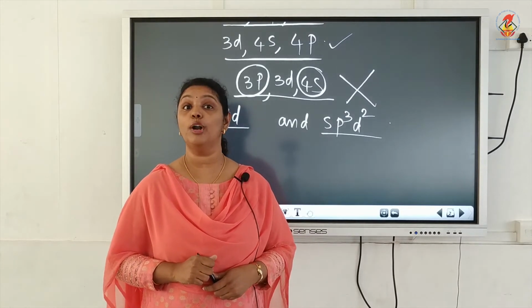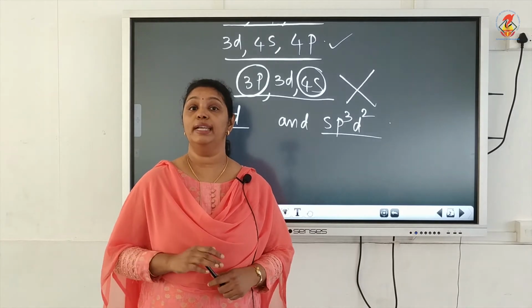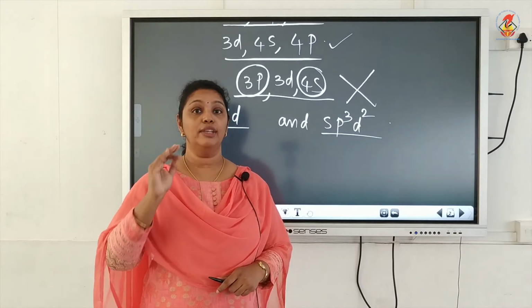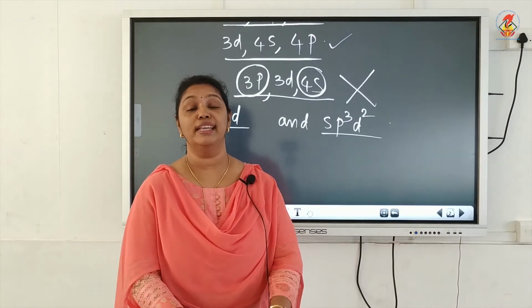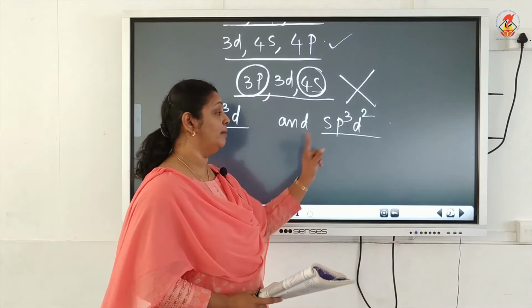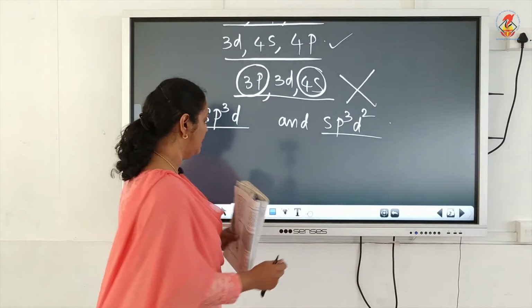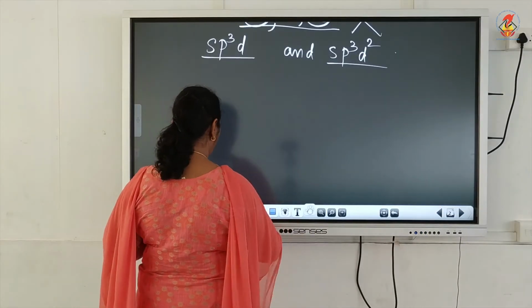Okay, and this d orbital hybridization is found in period number 3, 4, 5 elements. Now we are going to study one example for each type of hybridization. The first example is for sp3d hybridization.